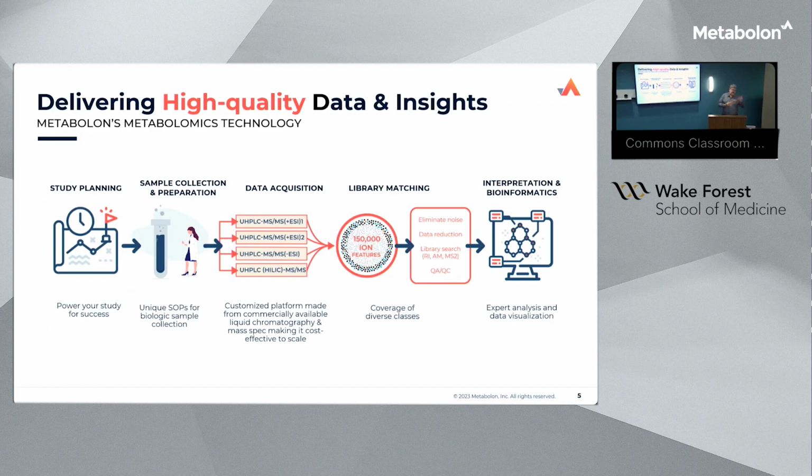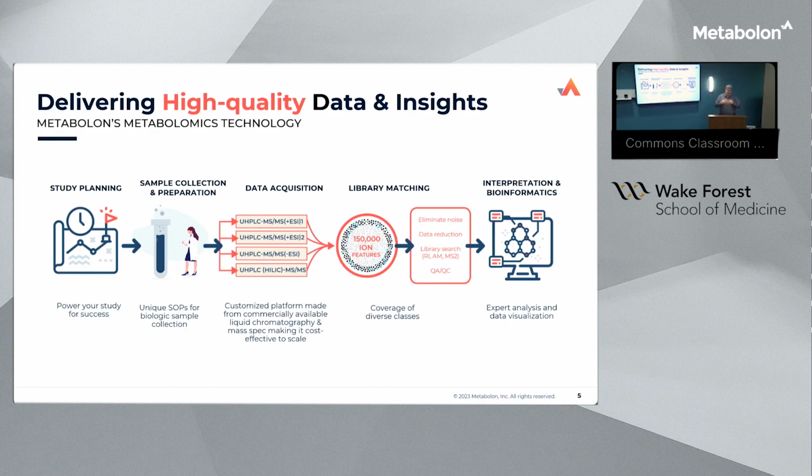And so in a given plasma sample, this can be anything from 1,100 to 1,500 metabolites that we do identify, knowns and unknowns. And then all of that information that we gather on those 4 arms, we pull all together, and that goes then into our curation platform, where we match that against our database.